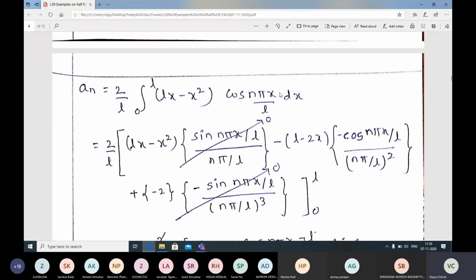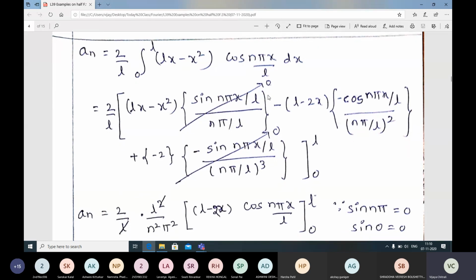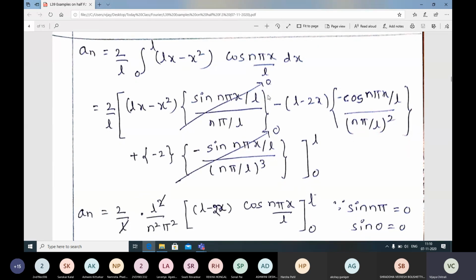So the integration of cos n pi x divided by L is sin n pi x by L divided by n pi by L. Next, the differentiation of Lx minus x square is L, because the derivative of Lx with respect to x is L, like a constant L, and this minus is as it is, and x square derivative is 2x.